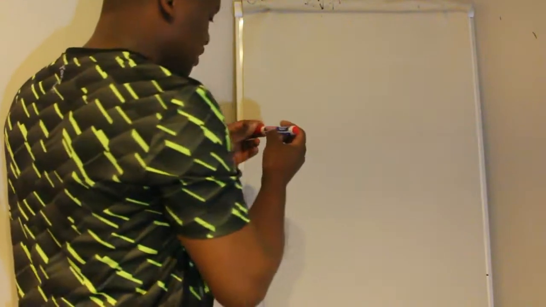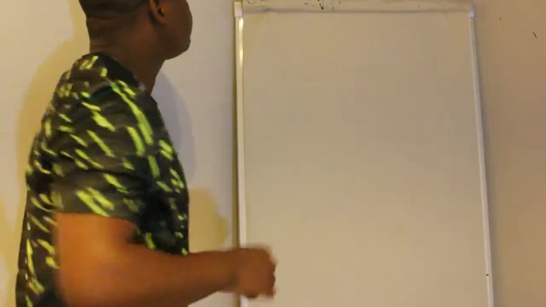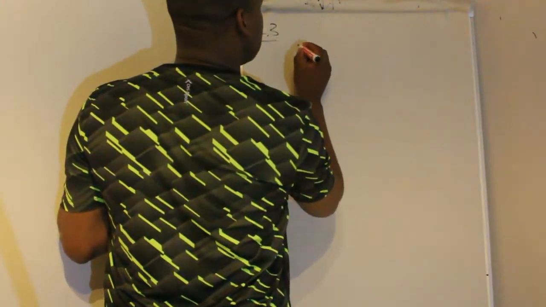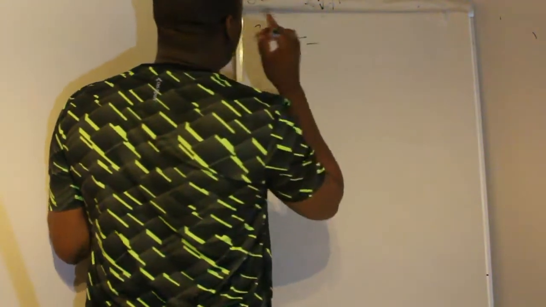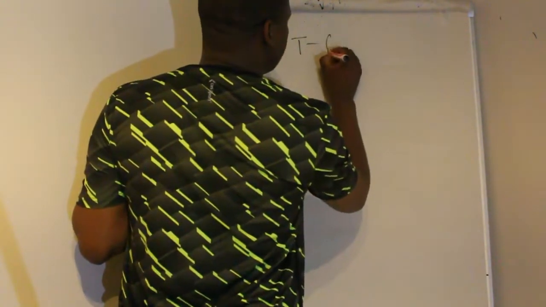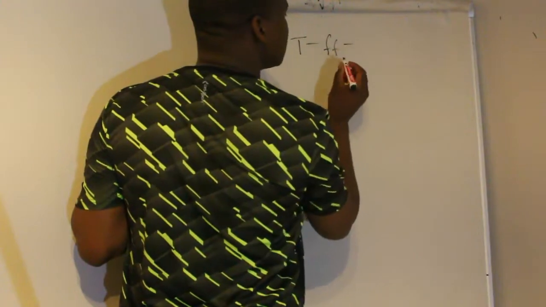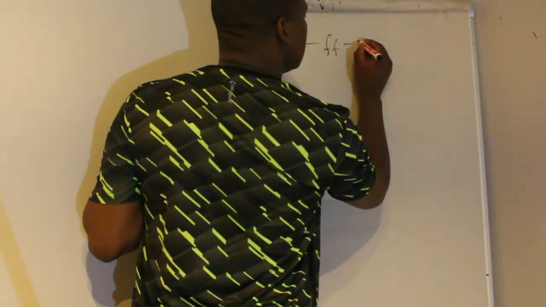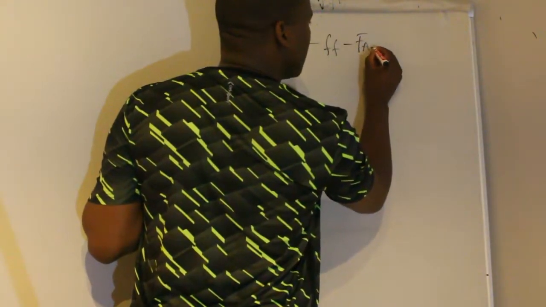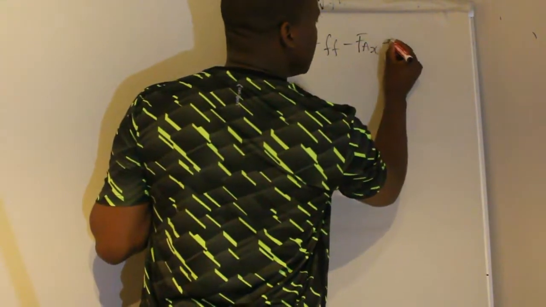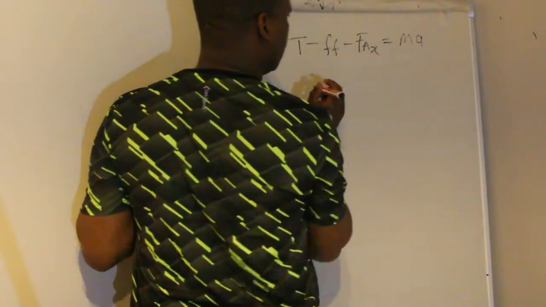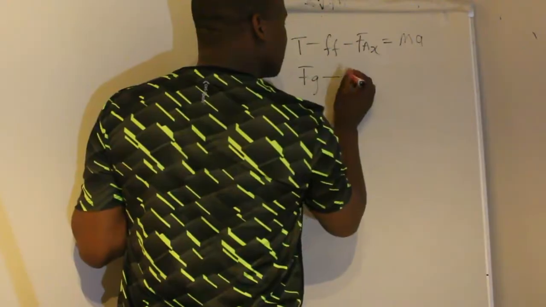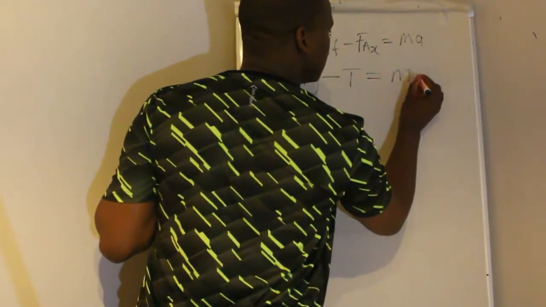To continue with this, it's question 2.3. Now we know that T minus frictional force minus FA, the force applied, which is the x component, equals MA, and FG minus T is equal to MA.